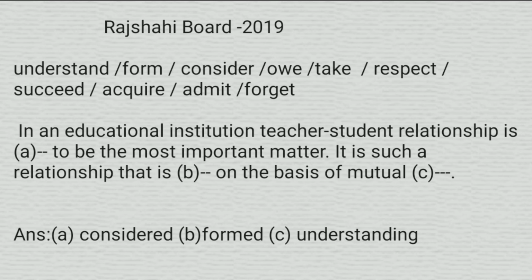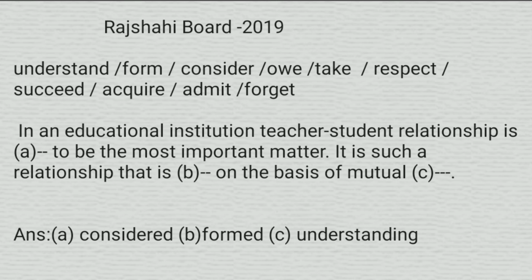Now we will read the passage. In an educational institution, teacher-student relationship is dash to be the most important matter. Here, the sentence is written in passive form. For that reason, the answer will be considered.